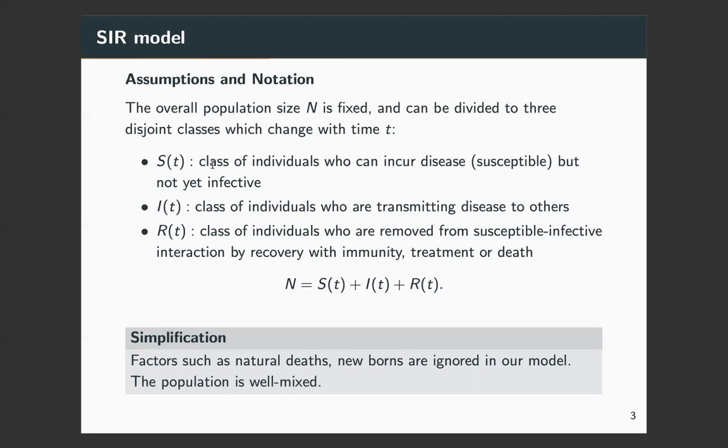And by assumption, N is equal to the sum of S, I, and R. We should mention that this model has a lot of simplifications compared to real situations. Factors such as natural death or birth are not taken into account. And also, the population is assumed to be well mixed in this model.